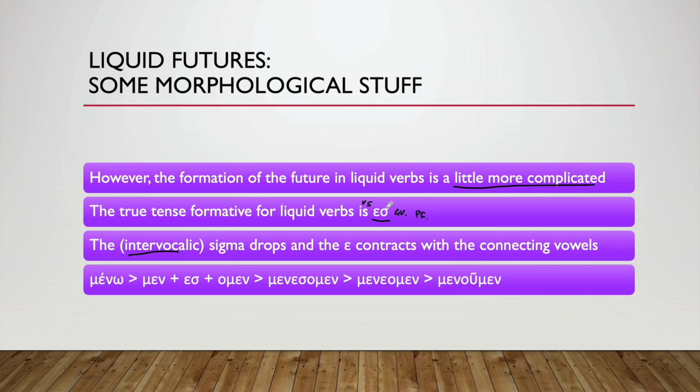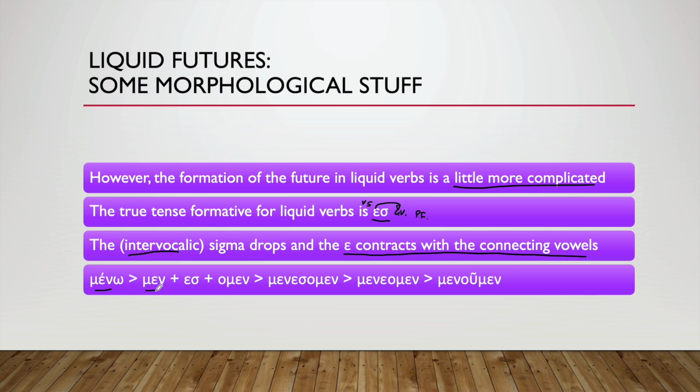Well, what happens here? Kind of a similar thing to what we saw way back with contract vowels. This epsilon and the connecting vowels collide and they contract. The epsilon contracts with the connecting vowels. So here's an example, the verb meno, which means I remain or I abide.